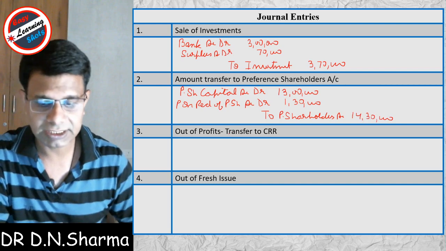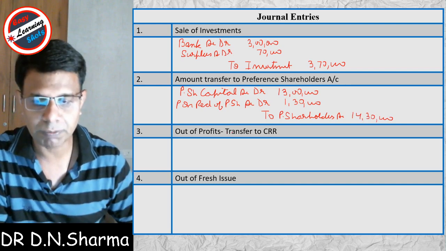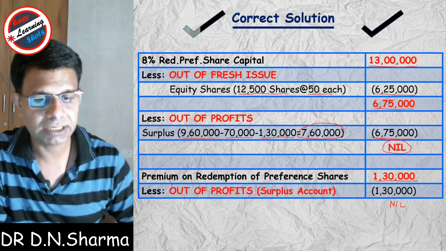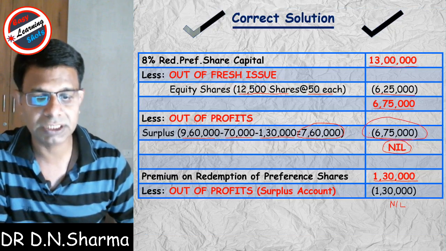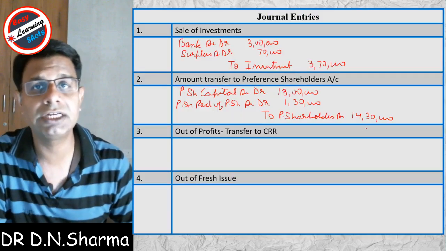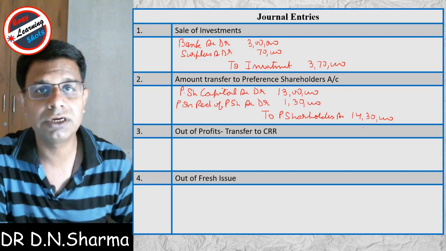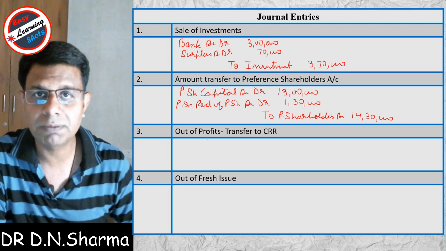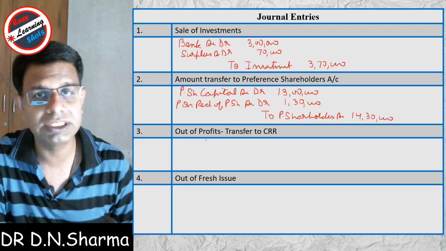Now we do the general entry of out of profits, and here we transfer 6,75,000 from surplus account to a new reserve that is known as capital redemption reserve account. Now when the amount is transferred from surplus account, then surplus account is debited.